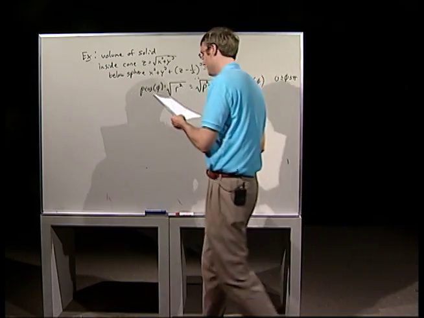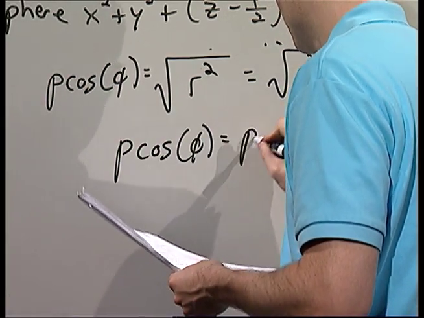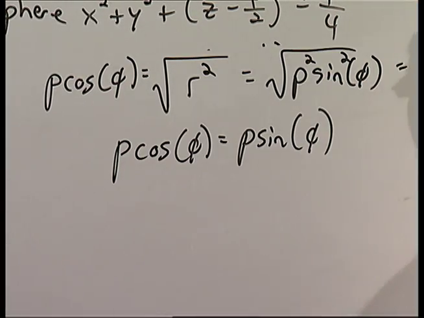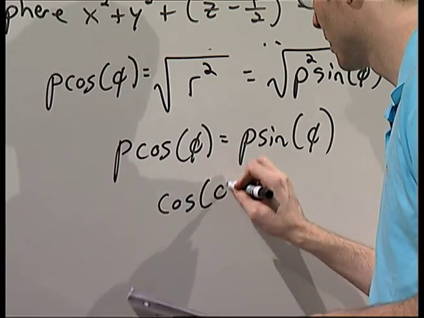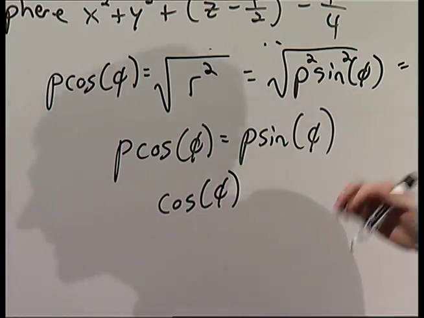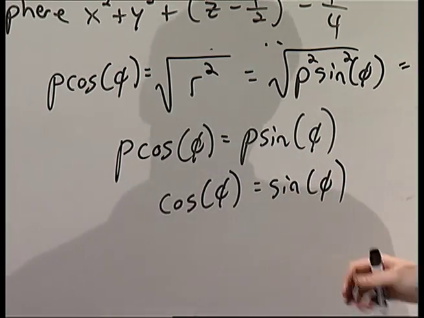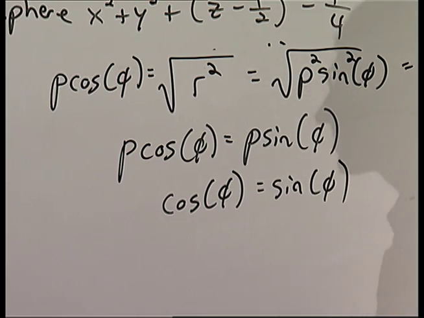So what we have here is rho cosine phi equals rho sine phi. We can cancel out the rho's. Again, the point 0, 0, 0 is the one guy on this cone that makes it hard to cancel out those rho's, but we get cosine phi equals sine phi for every other point.